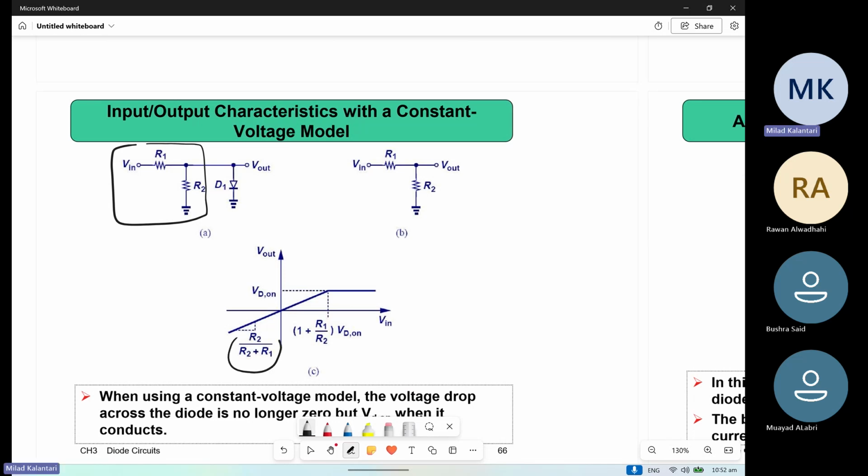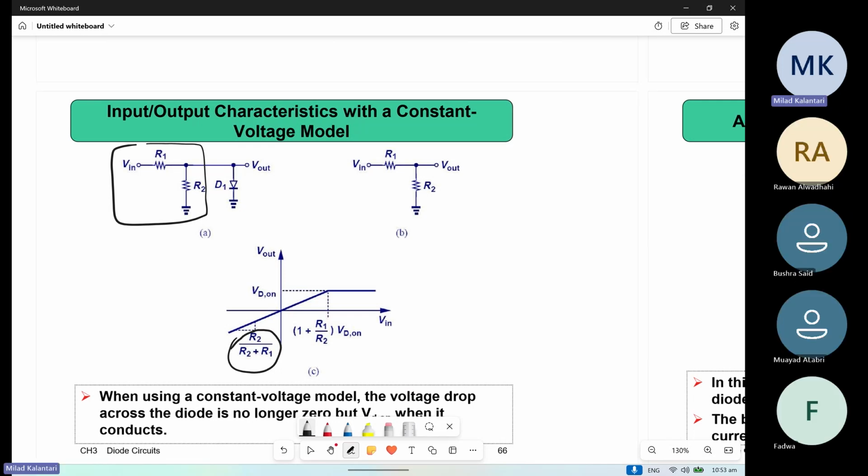So the slope is basically R2 over R2 plus R1. And then we should find out where the turning on point of the diode is. So what do you think? When does this diode turn on?